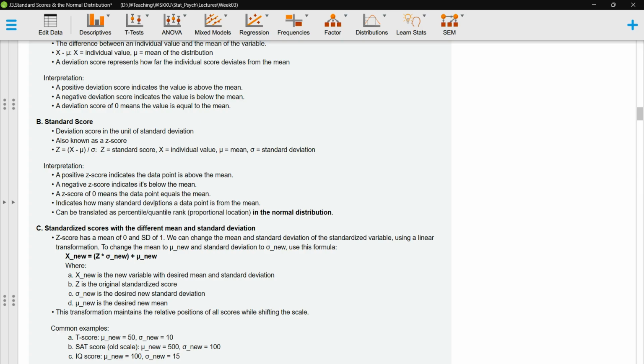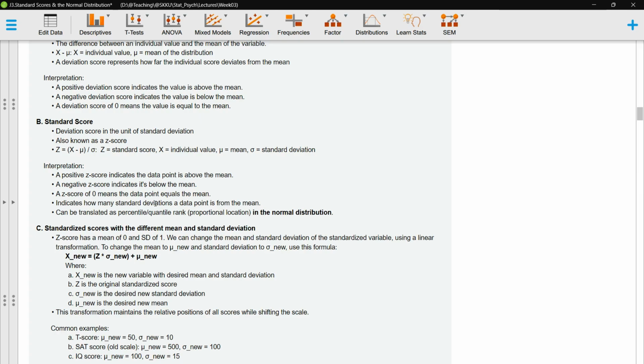And actually, the most important usage of the standard score is when we have a normal distribution. This is not always true. But if we have a normal distribution, the standard score can be translated in terms of proportion or probability, because it indicates the percentile rank or quantile rank, and that has some meaning of proportional location or probability location.